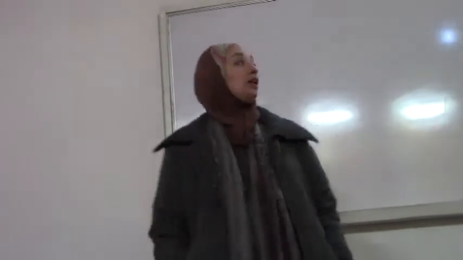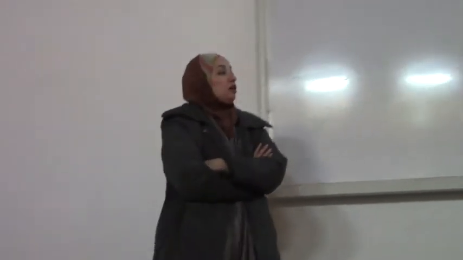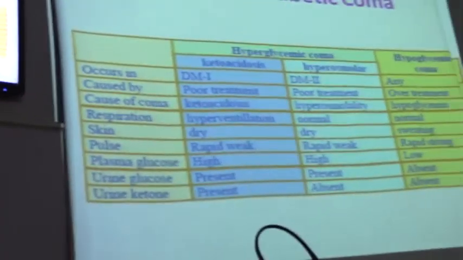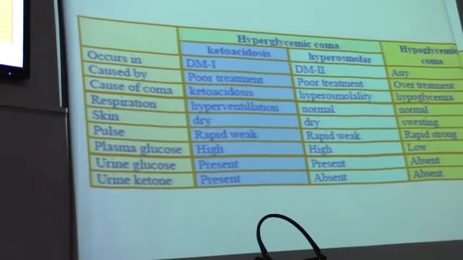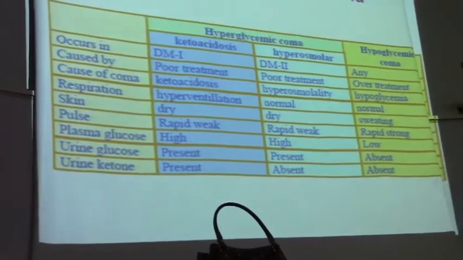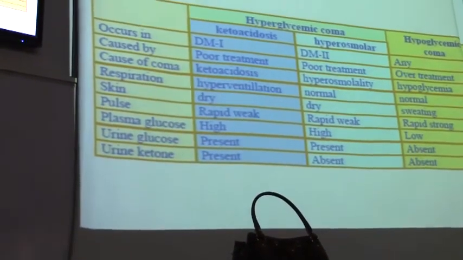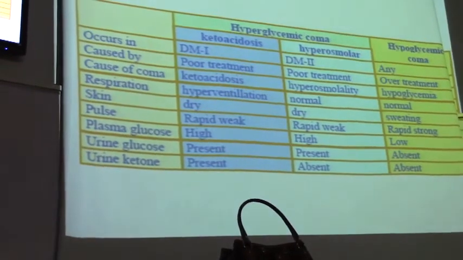What's the deal with these hyperosmolar, hyperglycemic, non-ketotic coma patients? As I said, the anti-insulin hormones are elevated for any condition, stress, infection, or even psychological stress can trigger that.